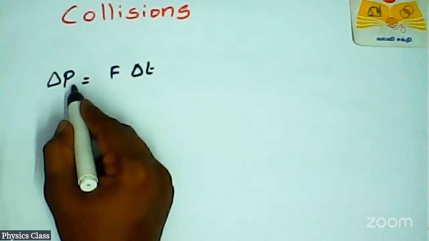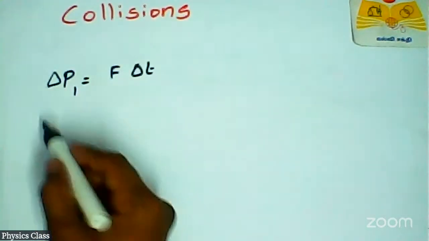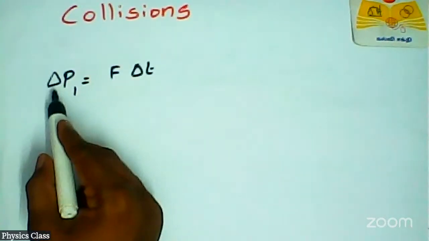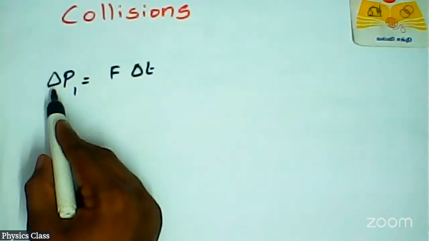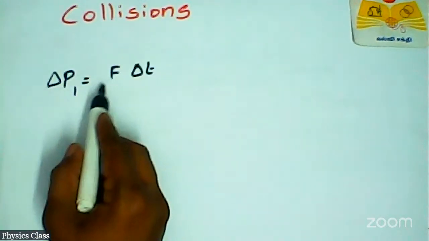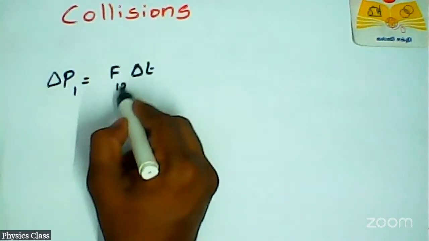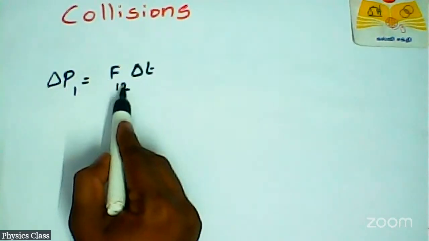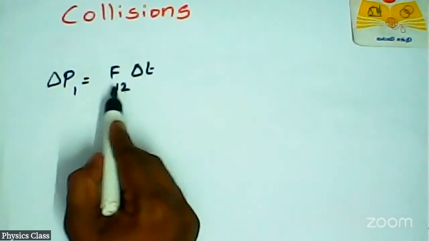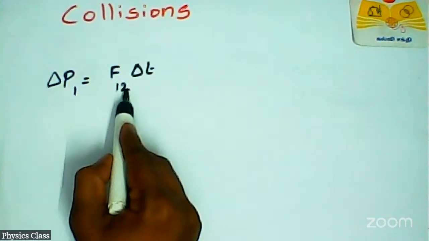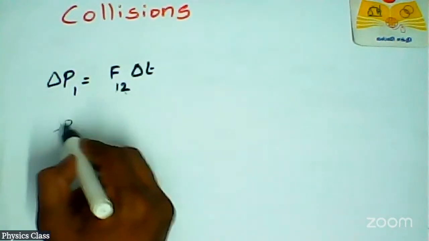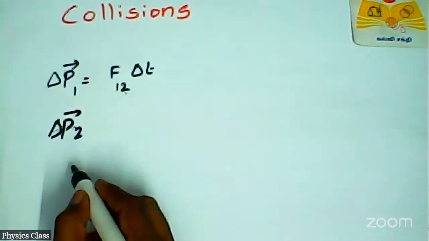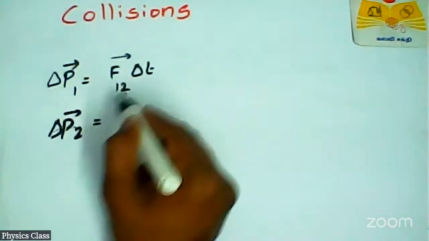Here I can put del p1, the change in momentum of the first object by the force of the second object. So I can put F12, the force on the first body by the second body. Another quantity is del p2. Momentum is a vector quantity, so we should put the vector symbol.